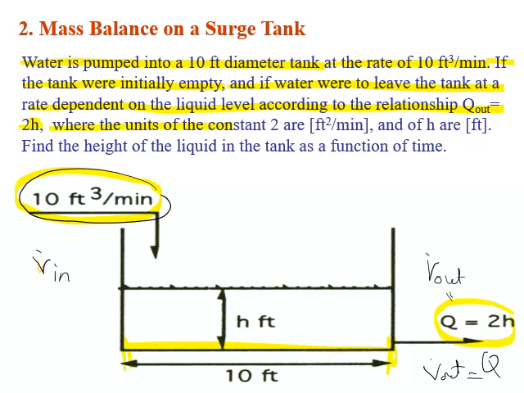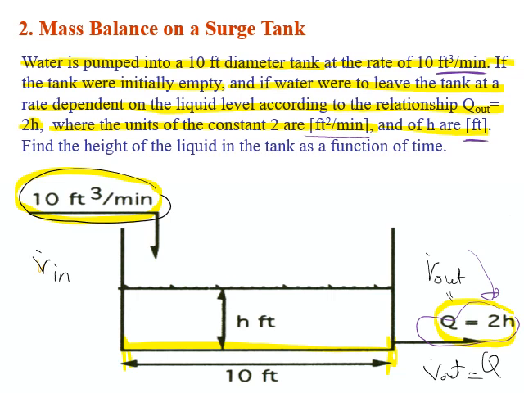Where the units of the constant 2 are feet square per minute and h is in feet. He is just telling you that the units are consistent. I mean, when you multiply feet square per minute times feet, you will get feet cube per minute, which is the same as the volumetric flow rate. Now, what is required?